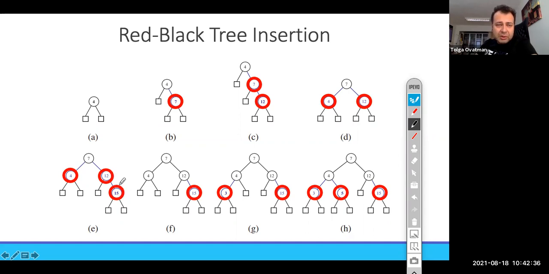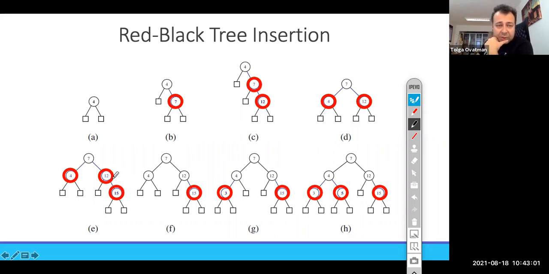And then again, two red nodes. Because if I add it as a black node, that might keep the balance, but if I add it towards a new level, then it will automatically change the balance. Then I need to add it as a red node.